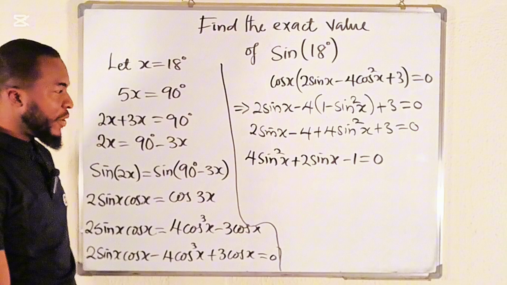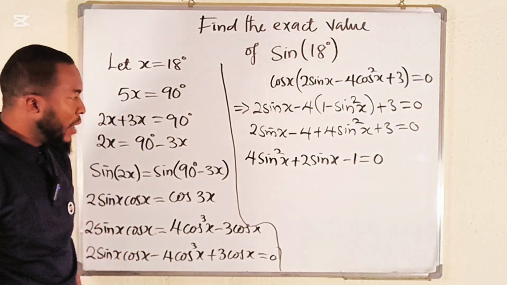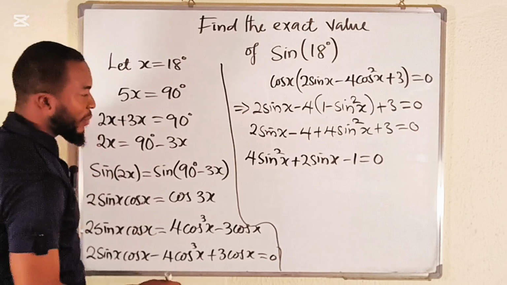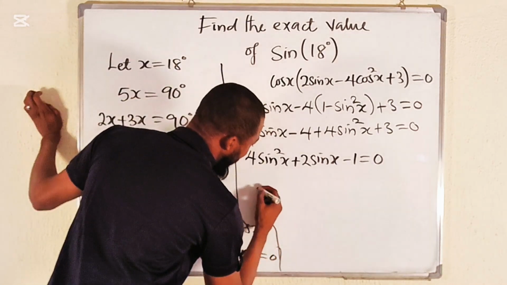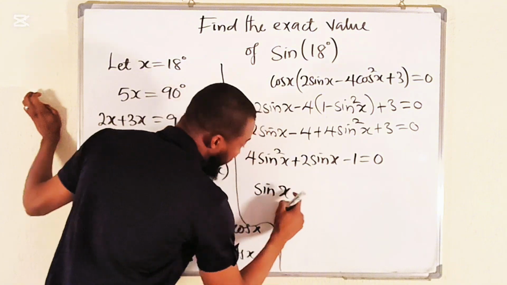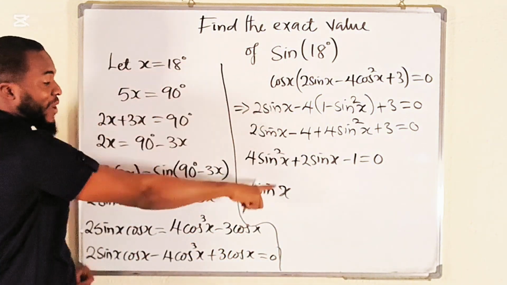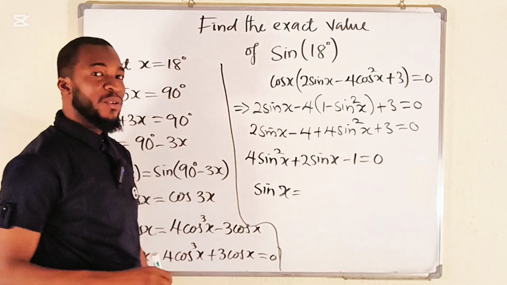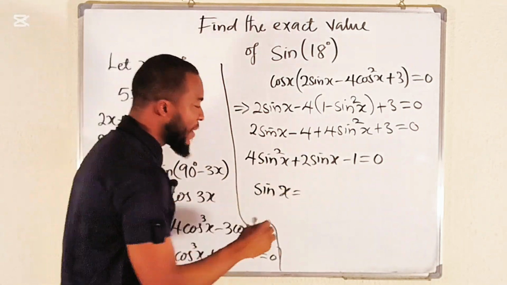Now we can use the general formula to solve this problem. And if we so wish, we can use the completing the square method. But let me use the general formula. Therefore, sine x, which is the same thing as sine of 18 degrees because x is 18, is equal to minus b. b is the coefficient of the middle term, which is 2, right?